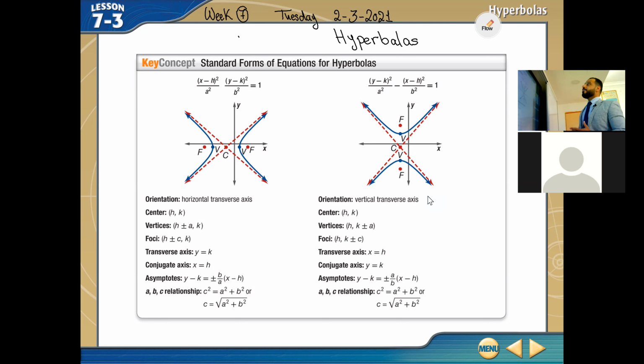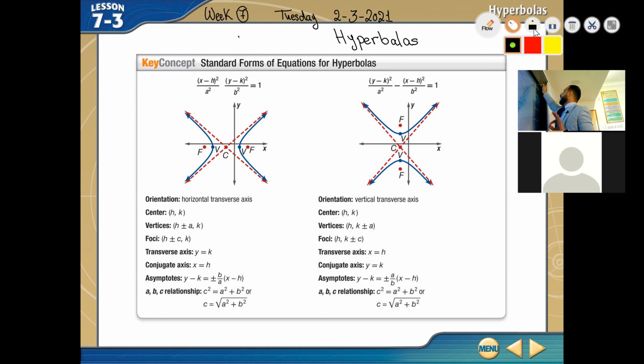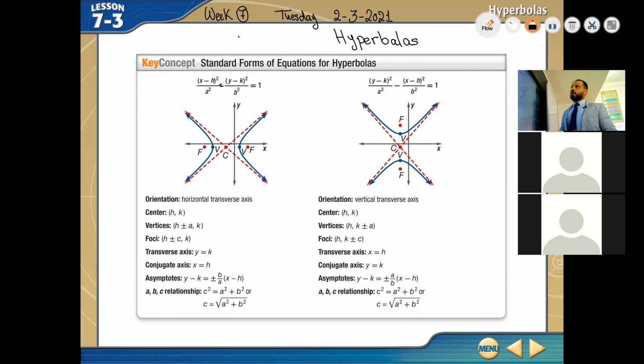Let's have a look at the equation and give me your remark about the equation. Is it like the ellipse, or do we have a small difference? What is the small difference, Khalid? The sign. Excellent, Khalid. The small difference is the sign.